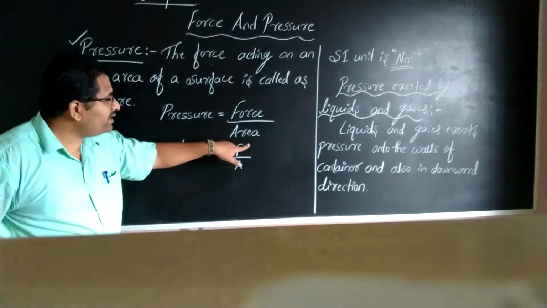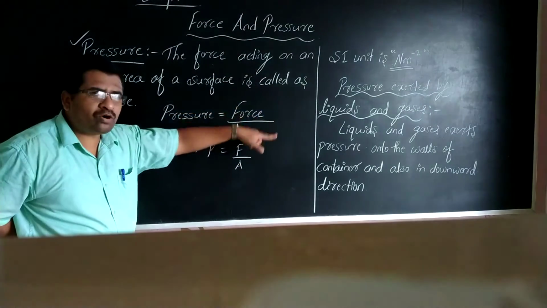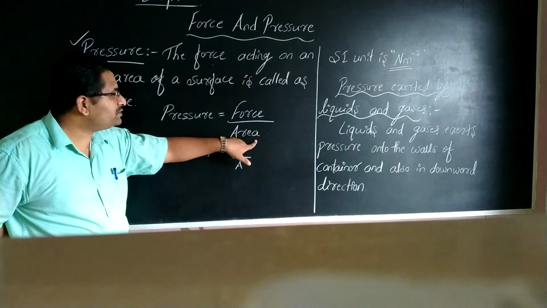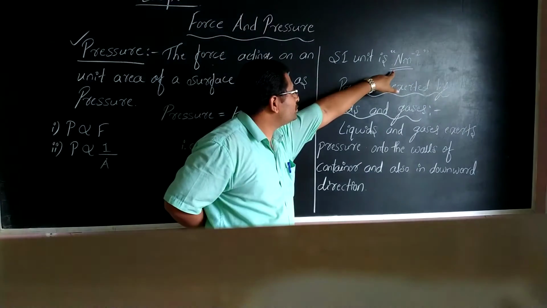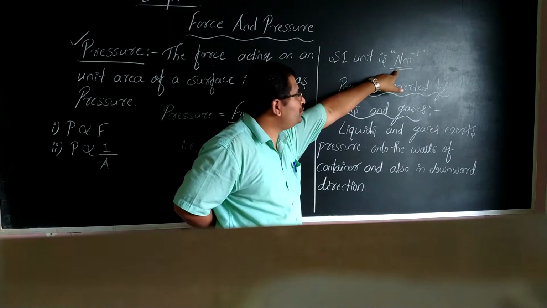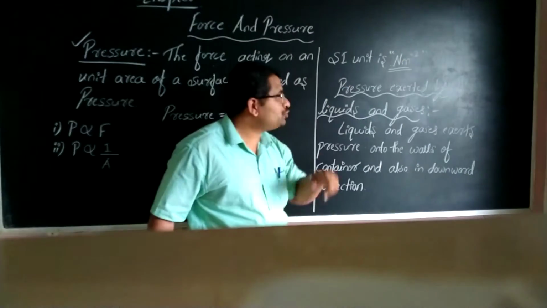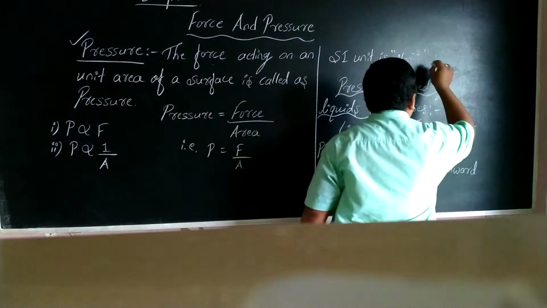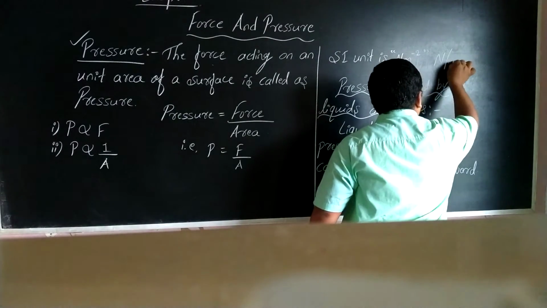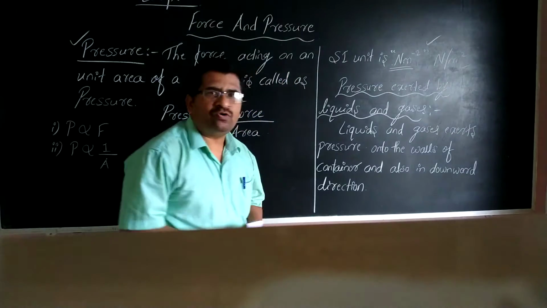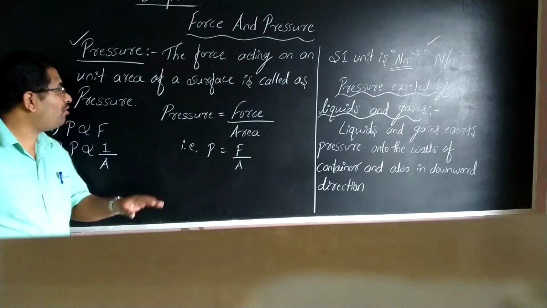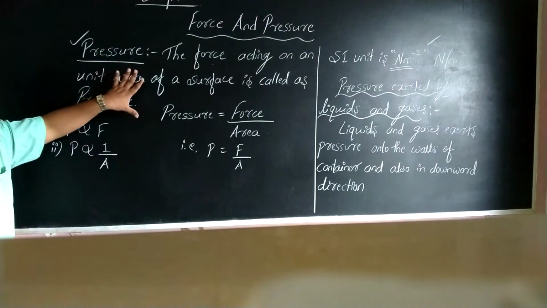When the area, meter square, is brought to the numerator side, it becomes meter raised to minus 2. So it can be written as Newton meter raised to minus 2 or Newton per meter square. Both are correct. This is how the explanation of pressure is given.